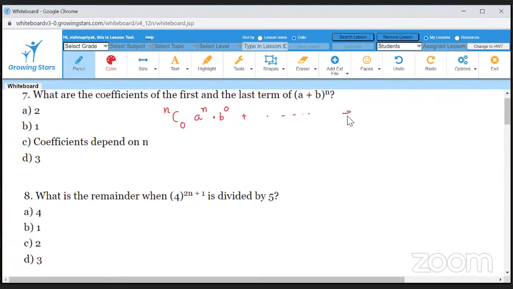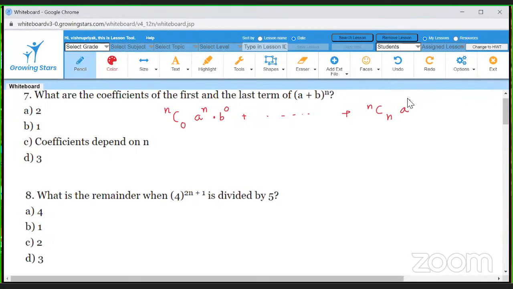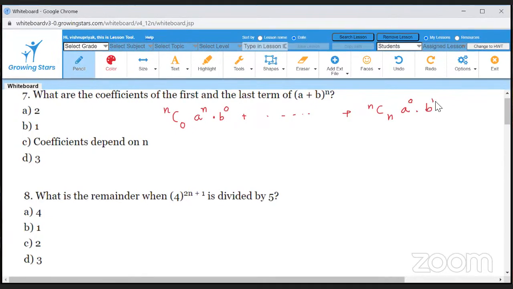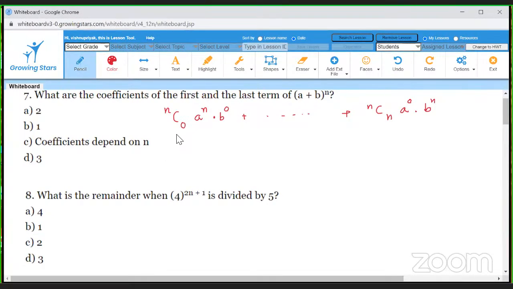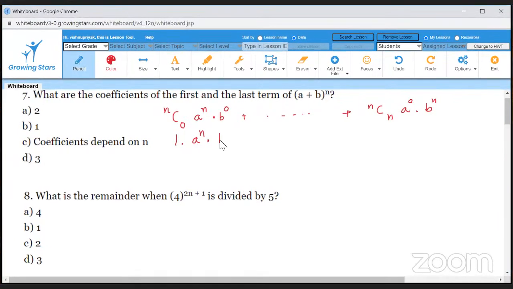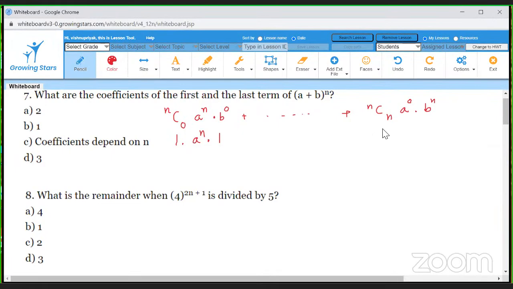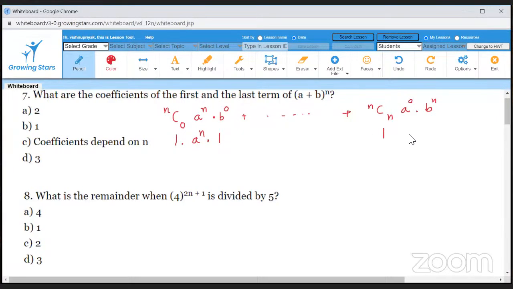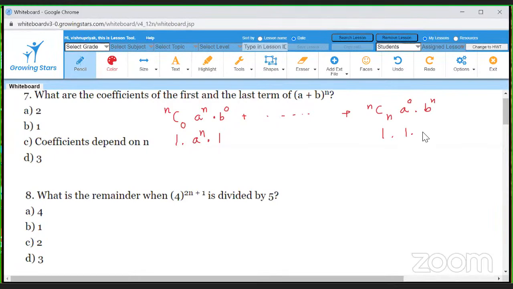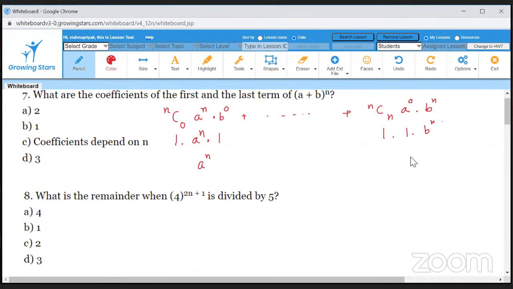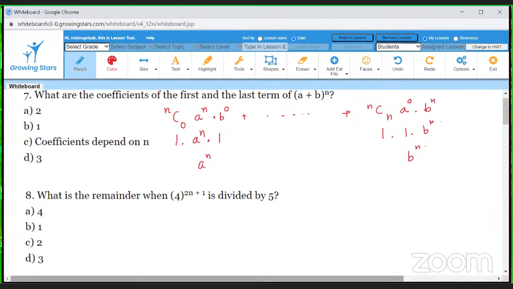And if you see the last term, NCN, a power 0 and b power n. NC0 is 1, a power n, b power 0 is 1. NCN is 1, a power 0 is 1, b power n. So a power n and b power n. These two you have in the first term and last term.